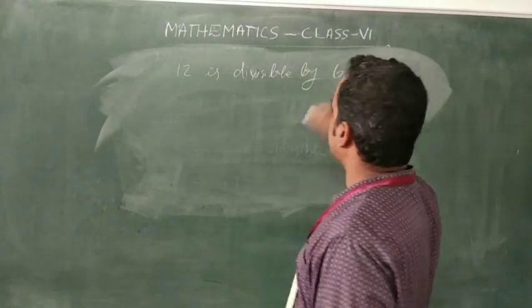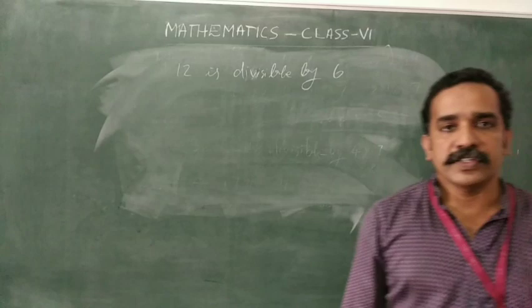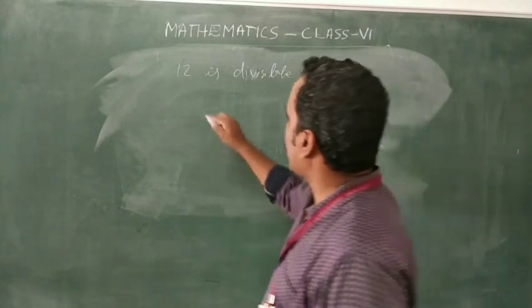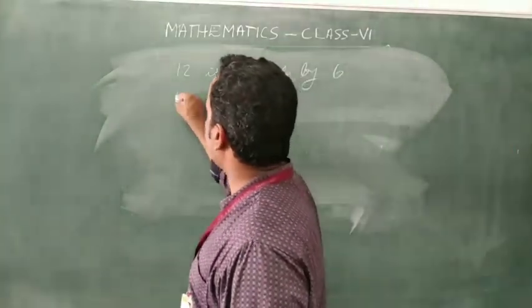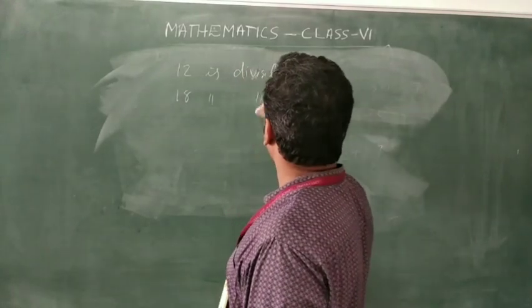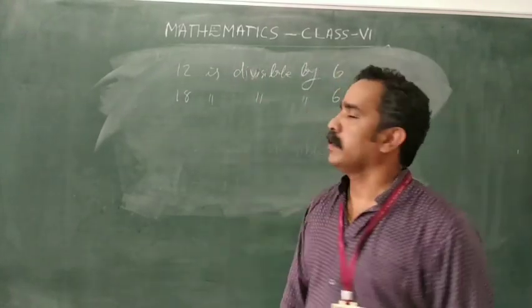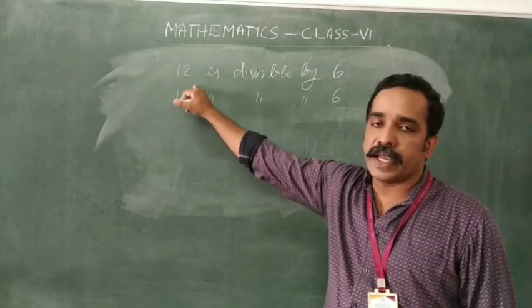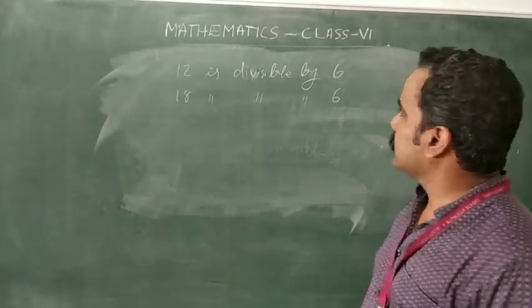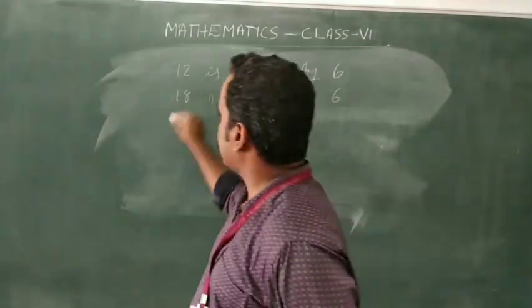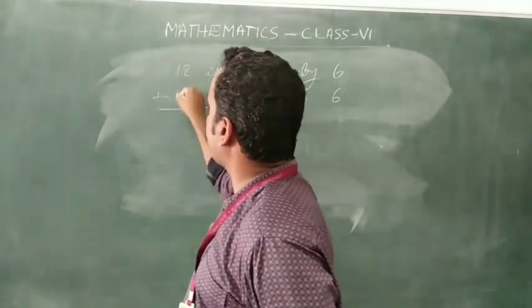For example, 12 is divisible by 6, and we know that 18 is also divisible by 6. That means if you add 12 plus 18, what will you get?